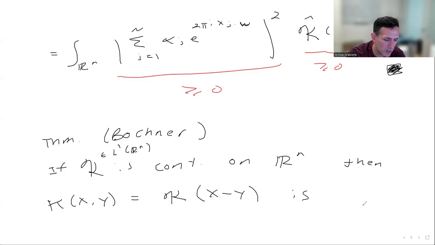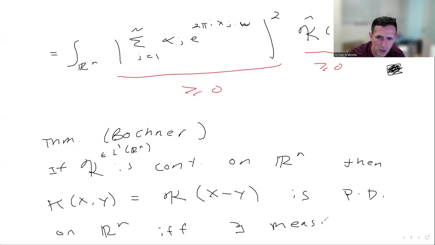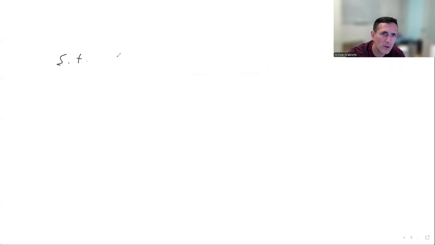So I don't need to know that the Fourier transform is L1 or is bigger or equal to 0 almost everywhere. This is positive definite in the sense I talked about in the previous video. So this is true if and only if there exists a positive measure mu, where script k is given by, basically, its Fourier transform.